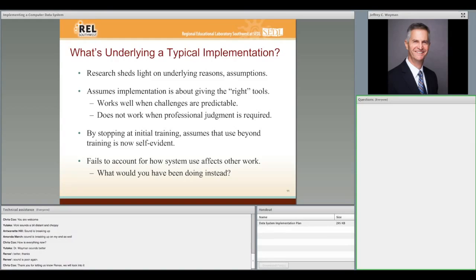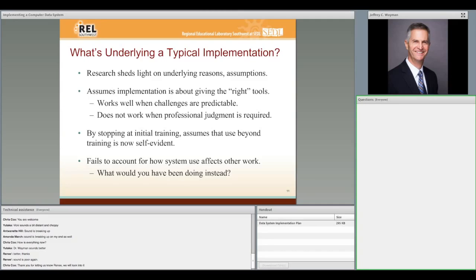One of them is that the implementation, like we just discussed, has an implicit assumption that goes along with it, that providing a data system is about giving the right tools for the job. That is, that we as the data champion, or the data committee, or whoever the implementation planners are, have looked at the data system, decided the things that we need to know, decided the things that people will need, and created a data system to do that.